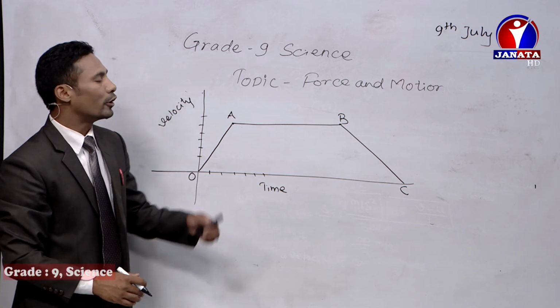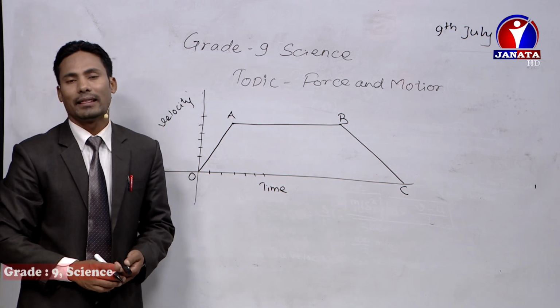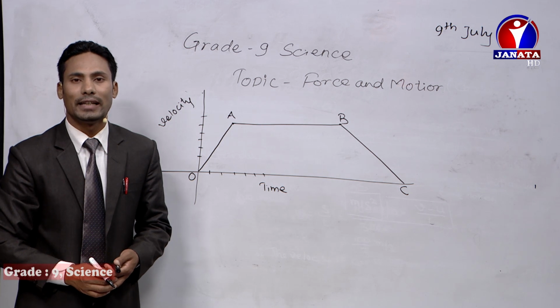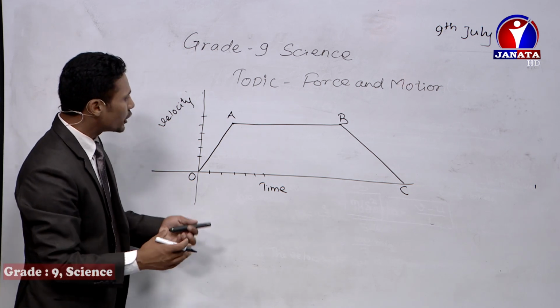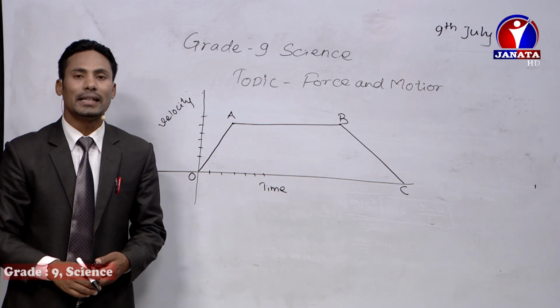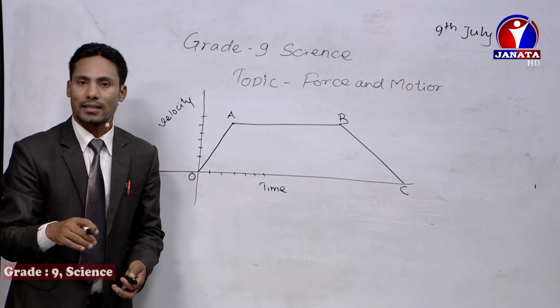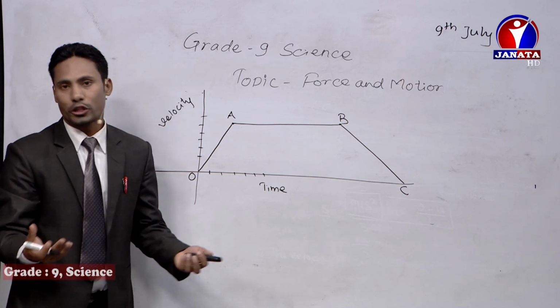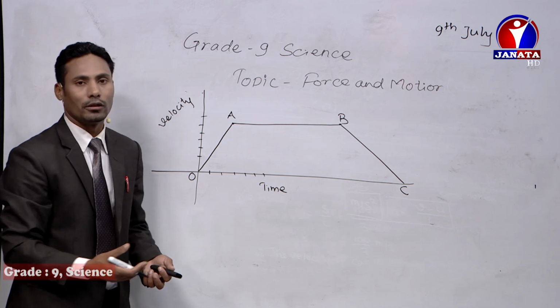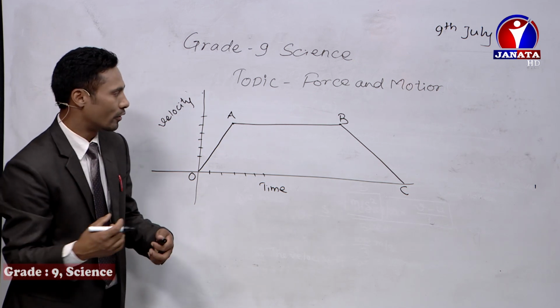That means if there is uniform velocity, the acceleration is 0. Another condition for zero acceleration is when the object is at rest. In that condition also, there is no change in velocity, so the acceleration is 0.